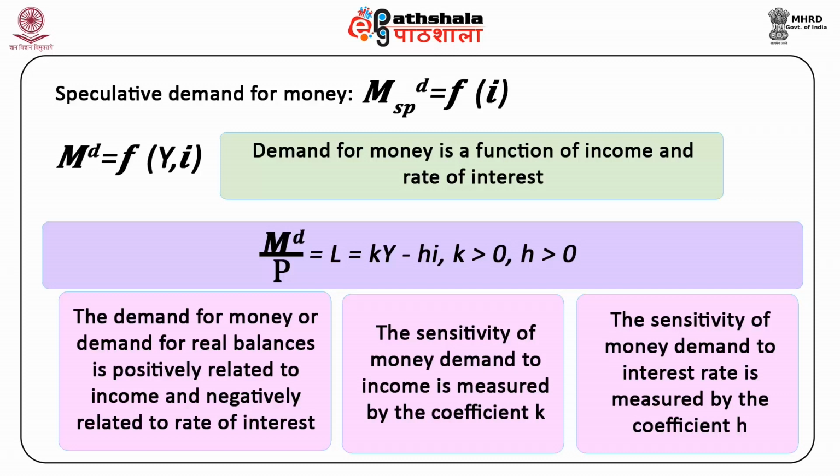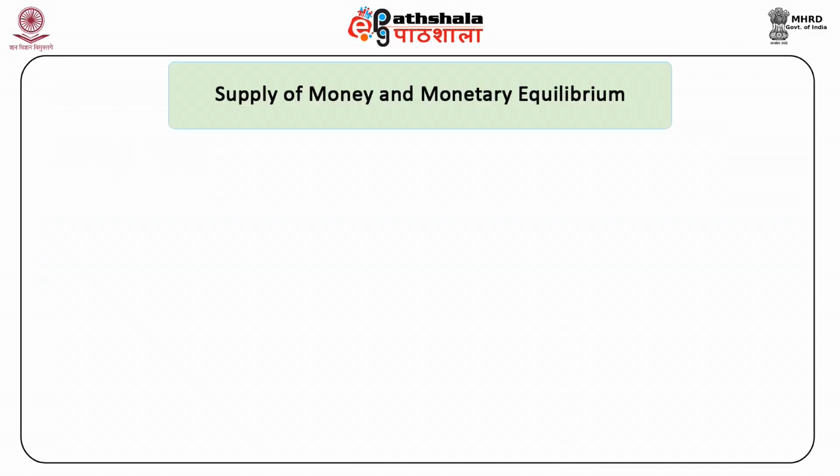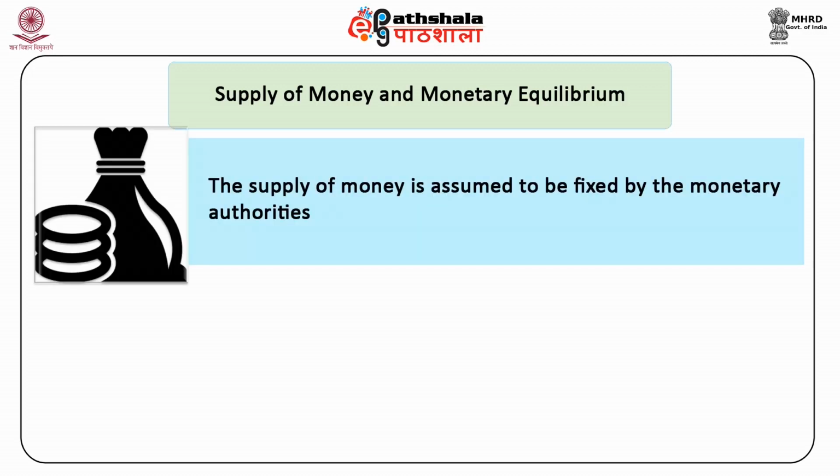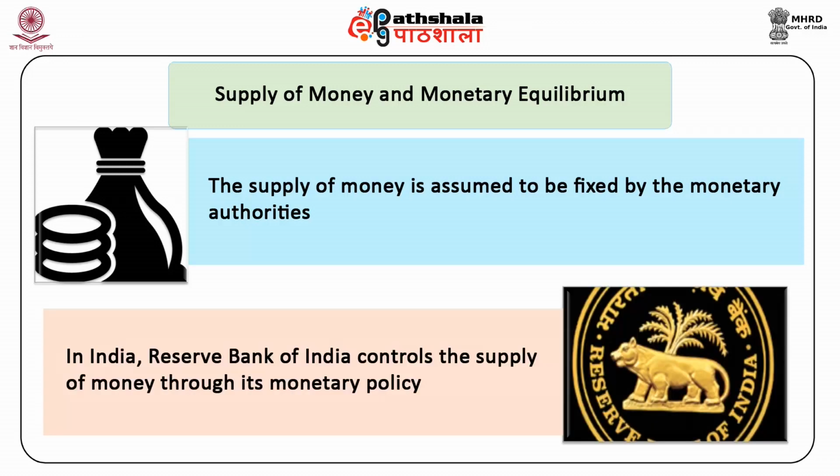Let us turn to the supply of money to complete our understanding of the money market. Supply of money and monetary equilibrium. The supply of money is assumed to be fixed by the monetary authorities. In India, Reserve Bank of India controls the supply of money through its monetary policy.